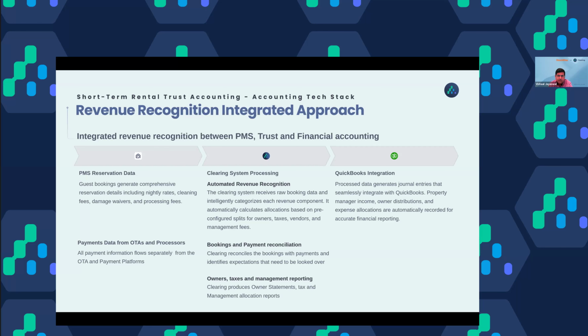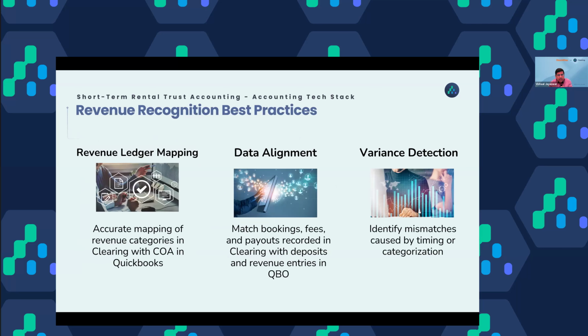So let's talk about, if you already set up an integrated approach like I talked about in the prior slide using Clearing, QuickBooks, and your PMS, you've already solved about 70 to 80% of the problem. The rest of the problem can be solved by implementing some of these best practices, right?